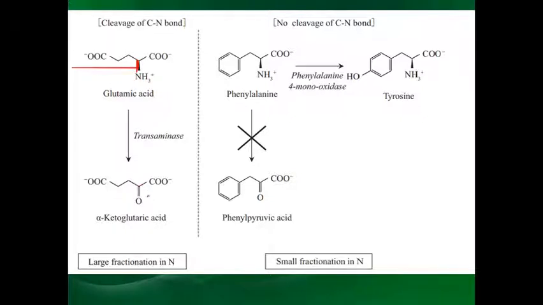Okay, so as we're building back up proteins, we will take this alpha-ketoglutaric acid and turn it back into glutamic acid. What that does is we put on a different nitrogen, basically, and that makes for very interesting interactions.